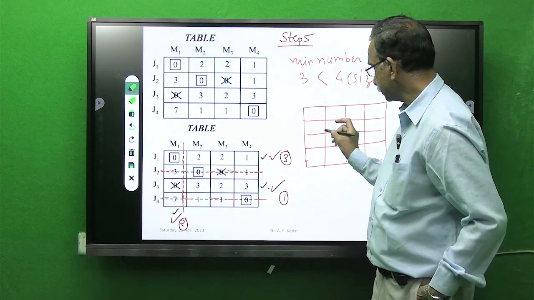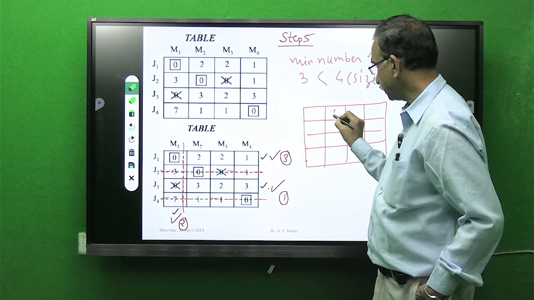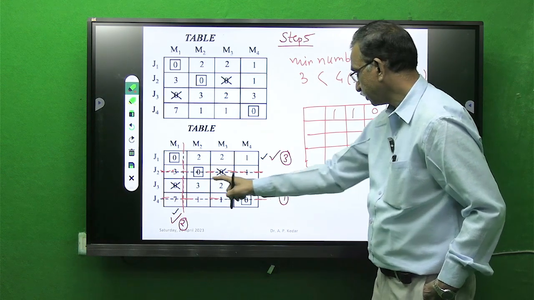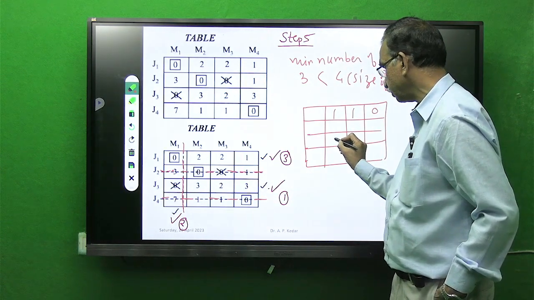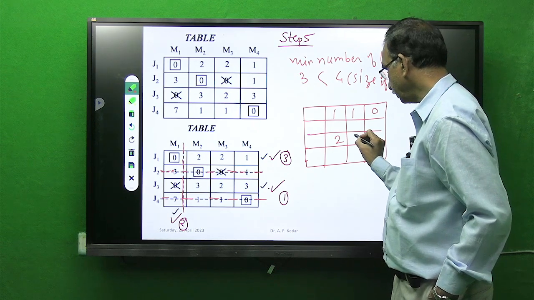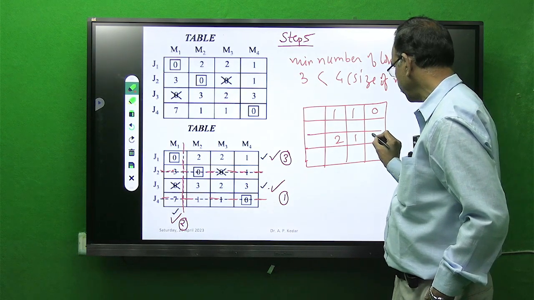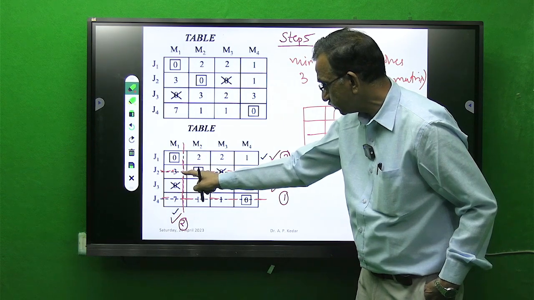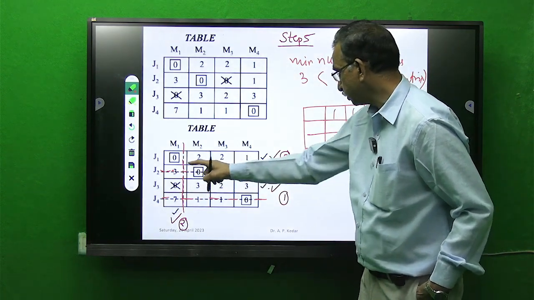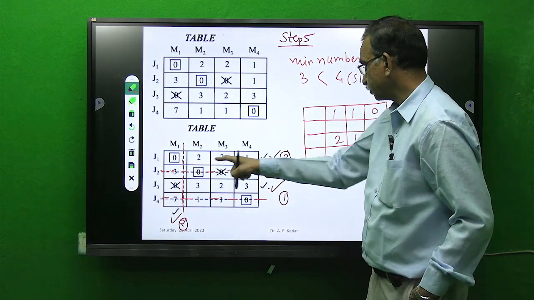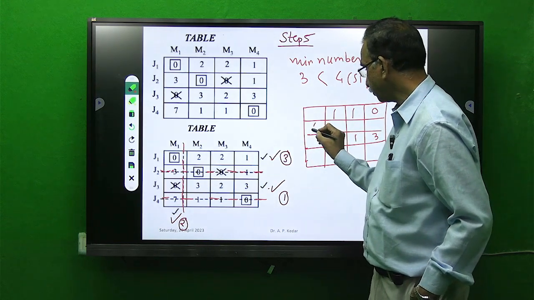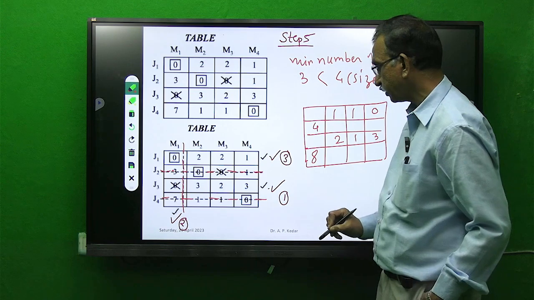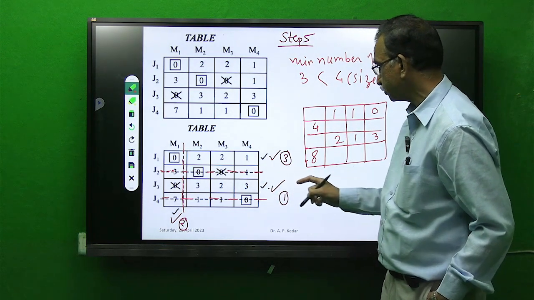2 minus 1, here it is 1, here it is 1, it is 0. 3 minus 1, here it will be 2, here it will be 1, and here it will be 3. See, the line crosses twice in this cell, the value is 3, the minimum is 1, so 3 will become 4, this 7 will become 8, and the rest of the values will be the same.